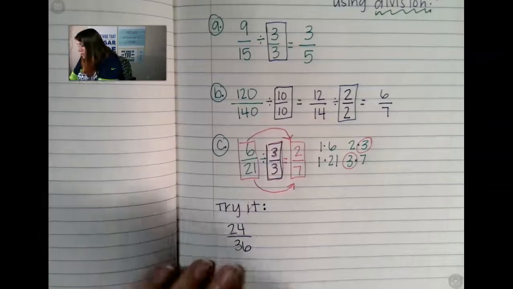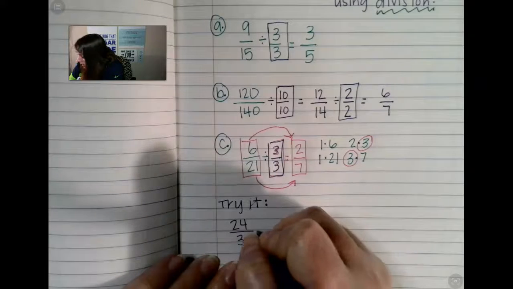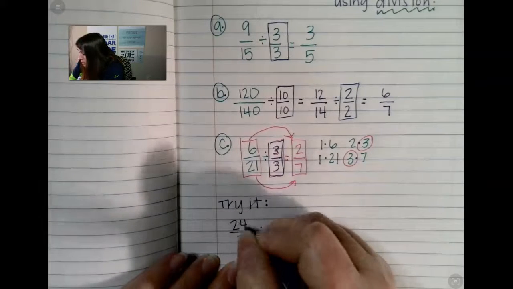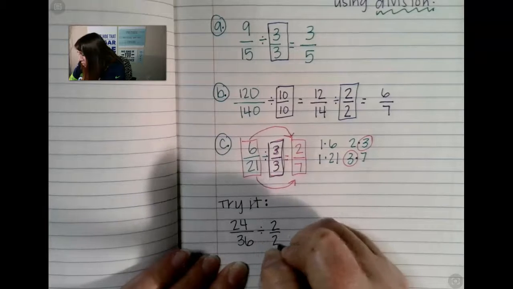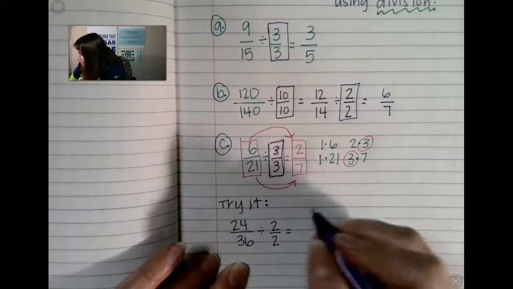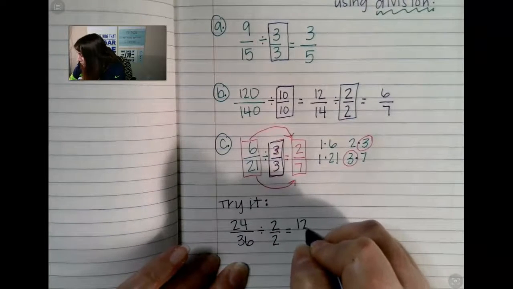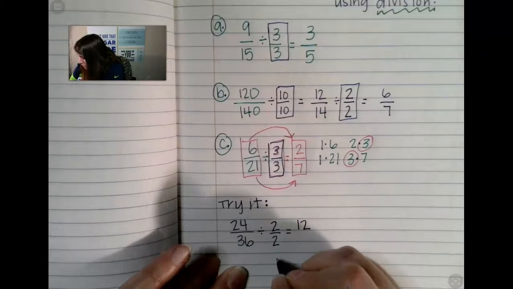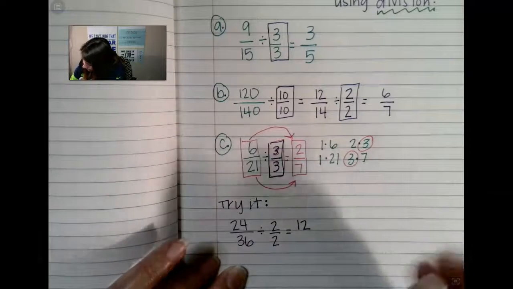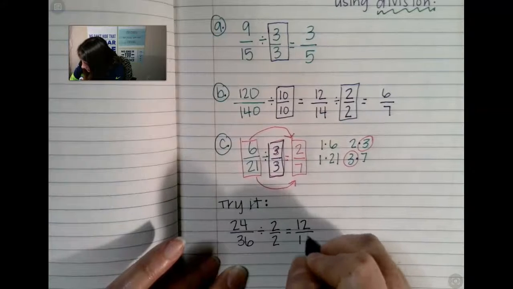All right, 24 over 36. I know that these are both even, so I could choose to divide by 2 over 2. If I did 2 over 2, I would get 12, and 36 would be 18. Is that 18?